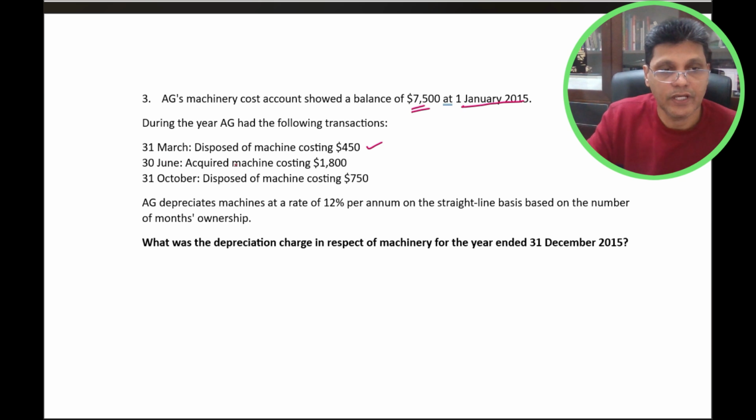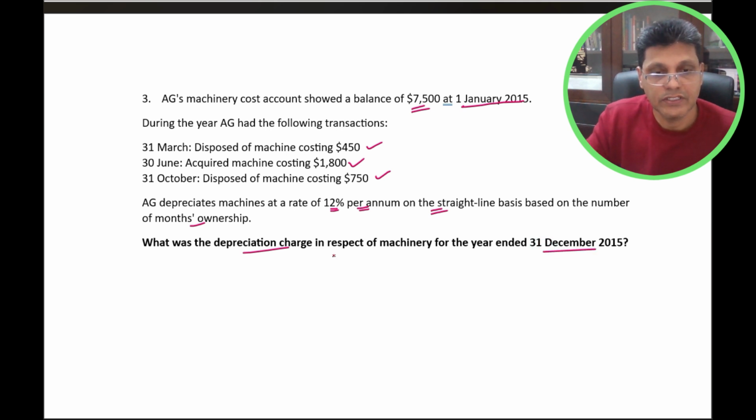Then 30th June, acquired machine costing 1,800. 31st October, disposed of machine costing 750. AG depreciates machine at the rate of 12% per annum on the straight line basis based on the number of months ownership. What was the depreciation charge in respect of machinery for the year ended 31st December 2015?